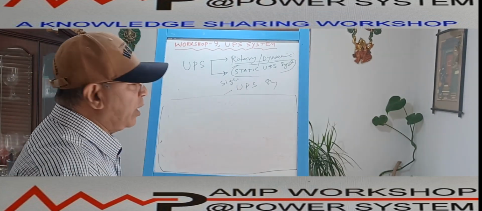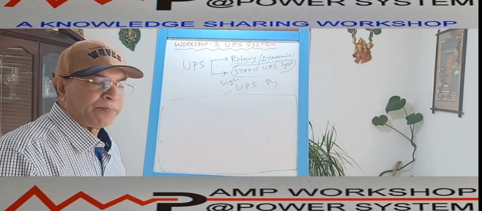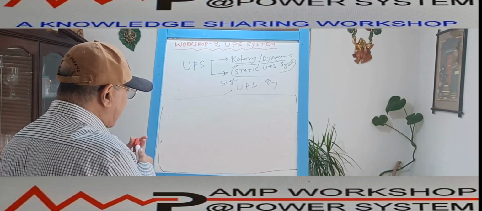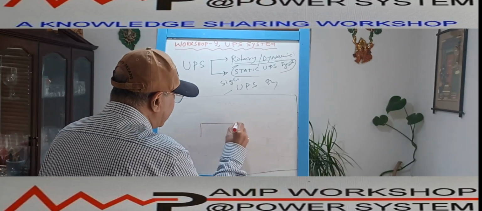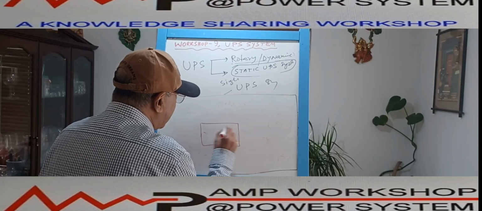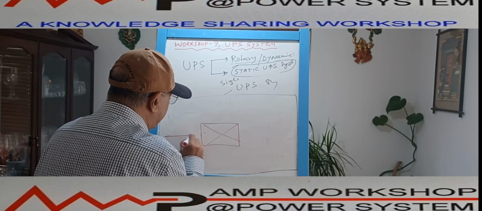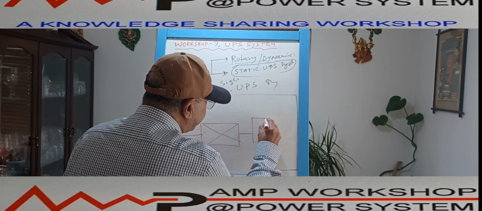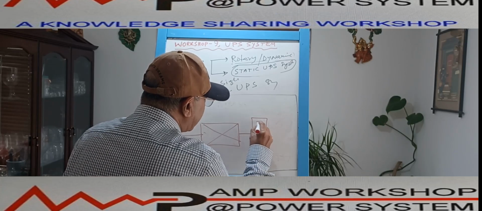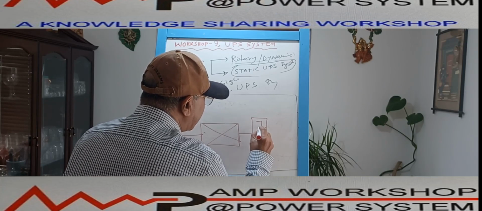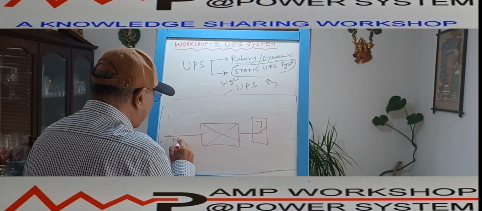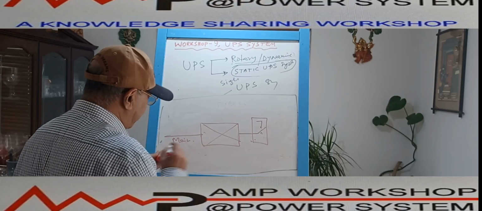But now, to avoid this harmonics issue in the main supply going through the bypass line, suppose this is my complete UPS system, and I am giving the main supply over here, and then I have a static switch over here. This is the static switch path, this is the bypass, and this is the main supply.